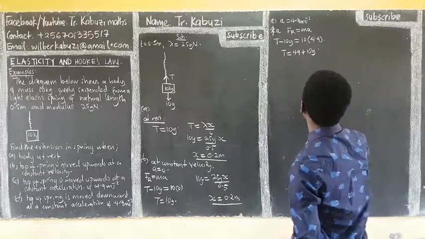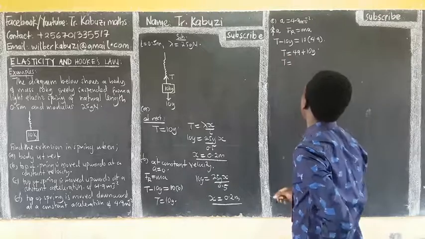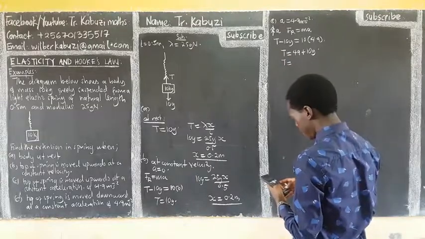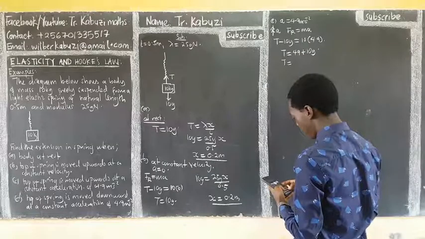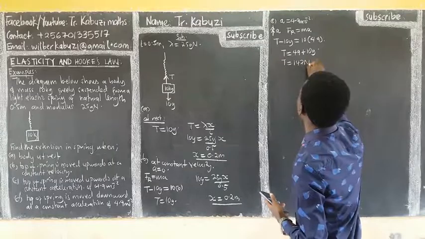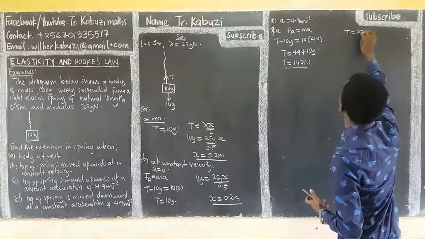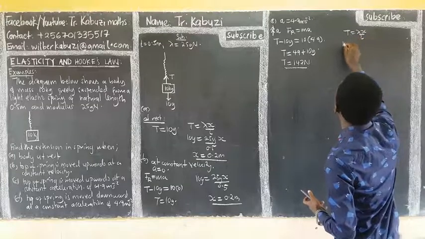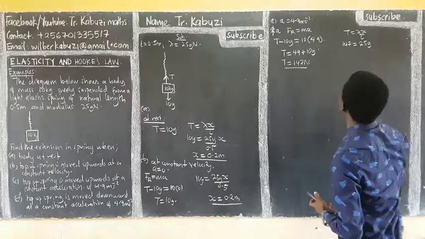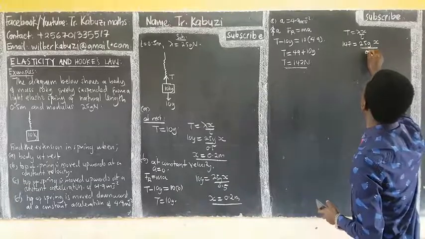So if I substitute, my T here is going to be 49 plus 98, which is 147 newtons. Then, if I substitute into T equals lambda x over L, I have 147 equal to 25g x over 0.5.